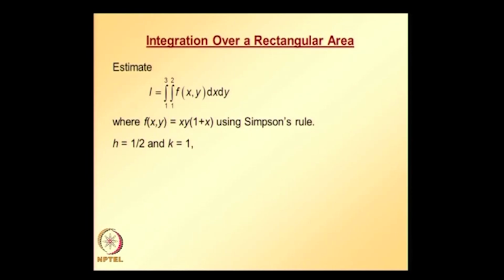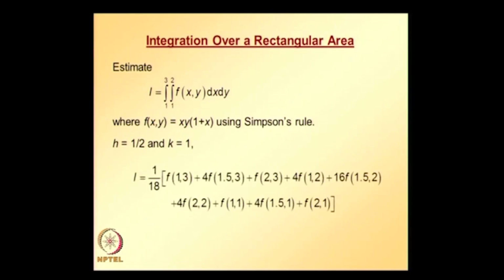First we need to identify what h and k are. h is half the difference between the upper limit and lower limit along the x direction, and k is half the difference between the upper limit and lower limit along the y direction. Those two results in h equal to 1 over 2, and k equal to 1.